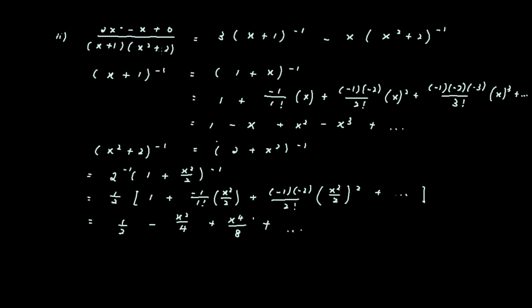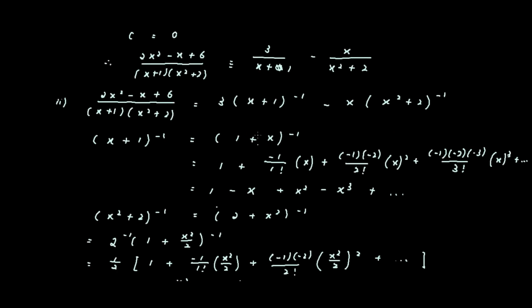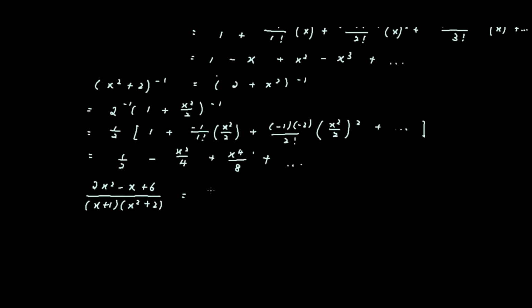So same thing now, let's try to put them inside the equation that I have. So 2x squared minus x plus 6 divided by x plus 1, x squared plus 2 will be equal to 3 and my expansion 1 minus x plus x squared minus x cubed plus so on.